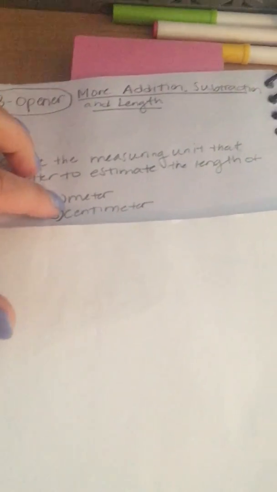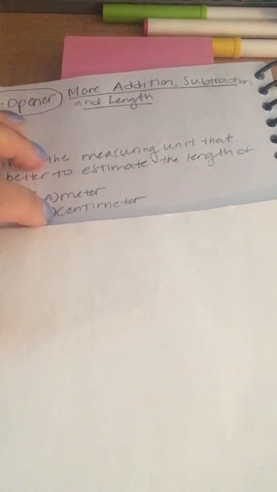So the vocabulary that I want to remind you of is: Number 1, circle the measuring unit that is better to estimate the length of a room with. Would you estimate the length of a room, a whole room, using a meter stick or a centimeter? So a whole meter or a centimeter.